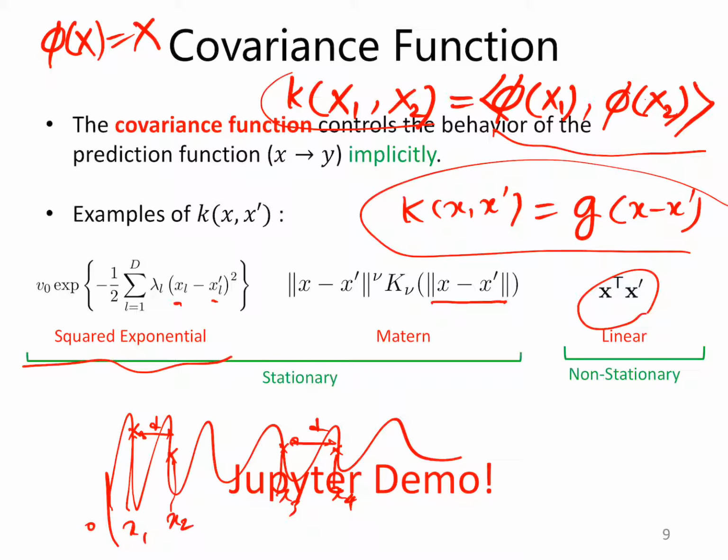Yes? Is there some term in the posterior that you can interpret for the periodicity if you use this type of kernel? So far I'm just drawing samples from the prior. I haven't talked about the posterior. But that's a good question. So basically the idea here is this: I'm presuming that the space of my prediction, the function I would like to predict, is the space of all infinitely differentiable functions.